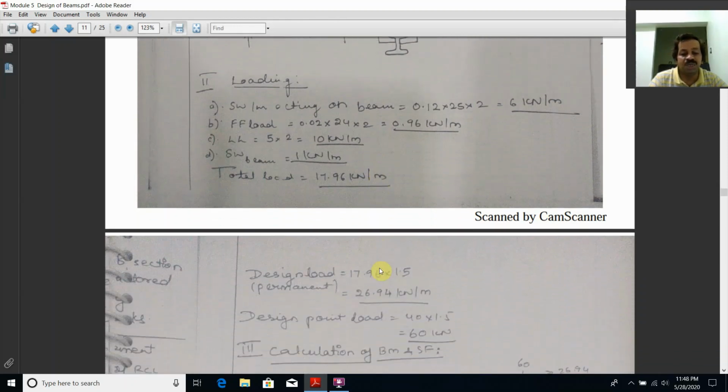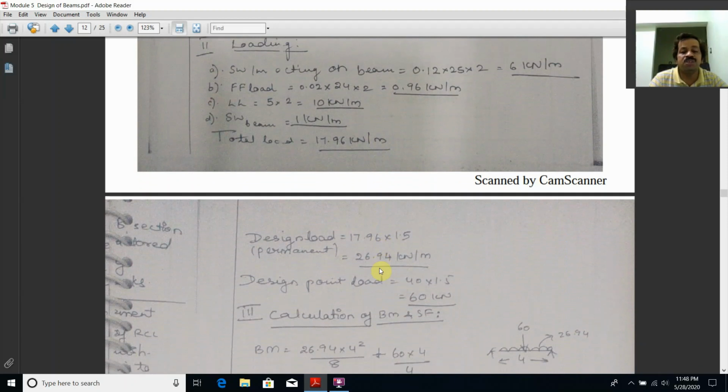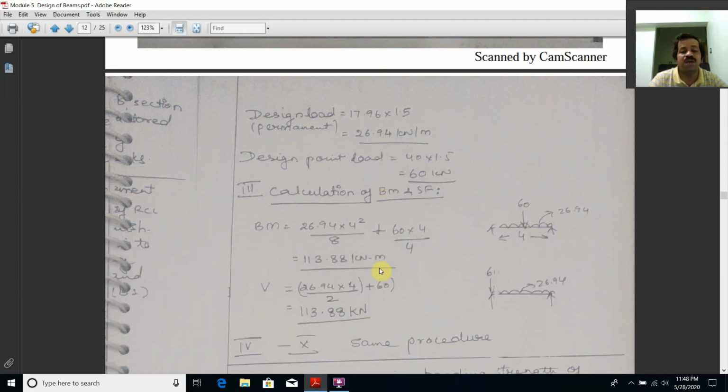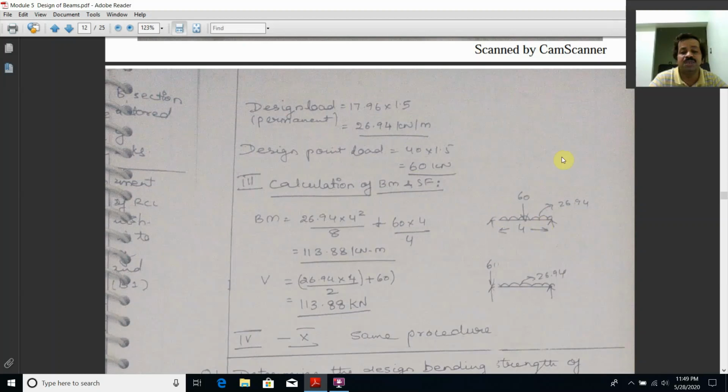This is the UDL, but the moving load is 60. So this is the formula for the moving load. Maximum moment occurs at the center, so WL by 4 is used. Like that, the maximum shear force occurs when the load is at one of the supports, hence 60 is used here. So find out the maximum moment and maximum shear force. Later, adopt the same procedure in the problem.